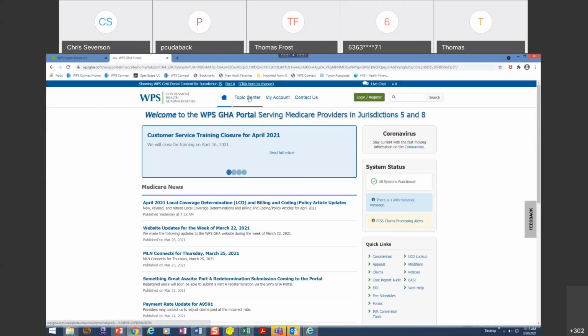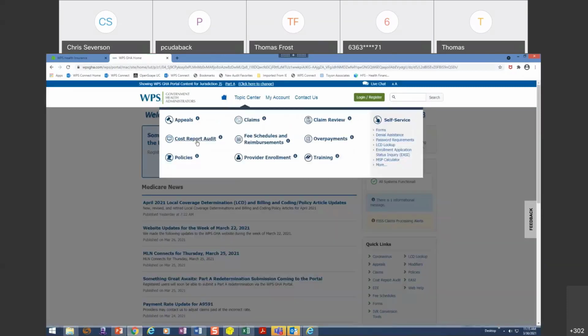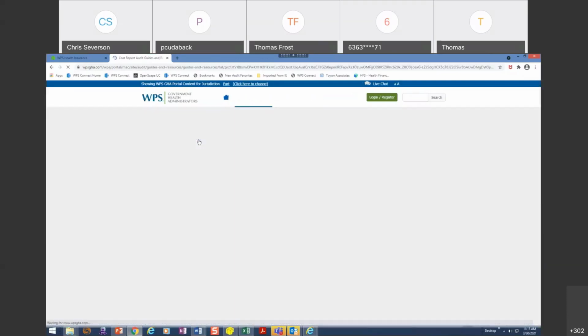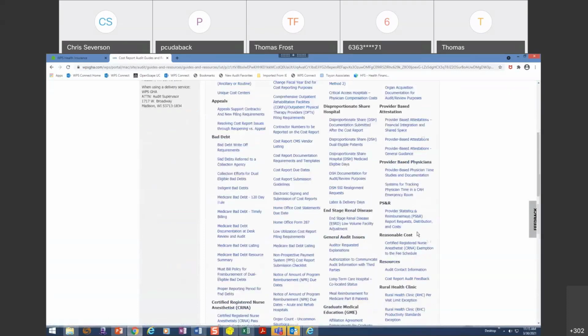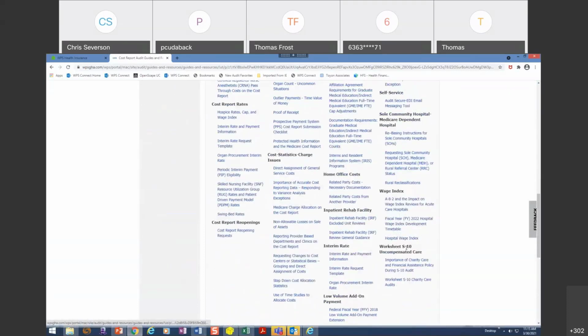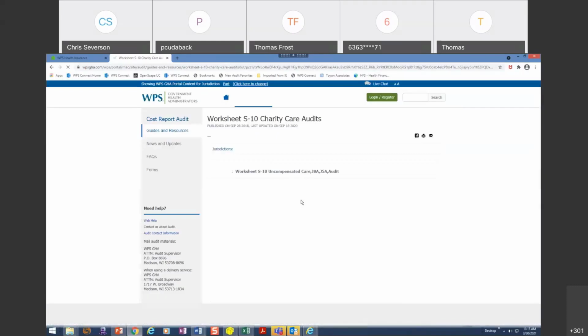But if you want to browse to it or drill down, if you go to the Topic Center, we're under Cost Report Audit. And if you go under S10 down at the bottom, or Worksheet S10 Uncompensated Care, we have that information about the charity care policy, but we also have the S10 charity care audits.